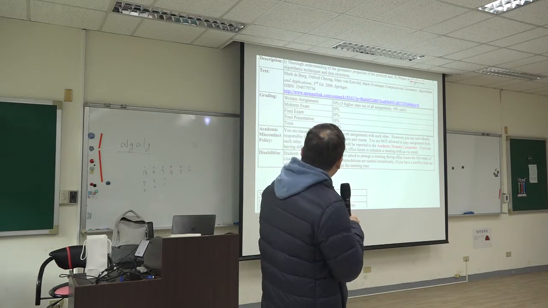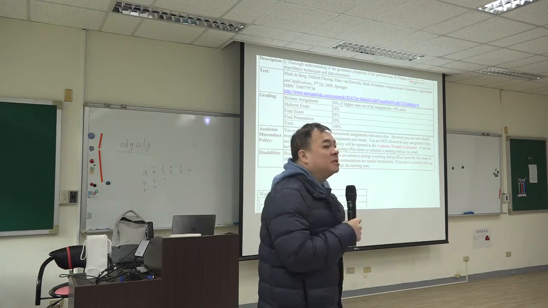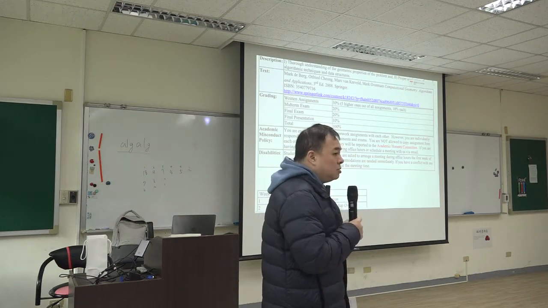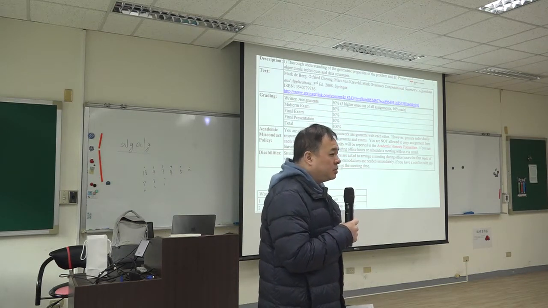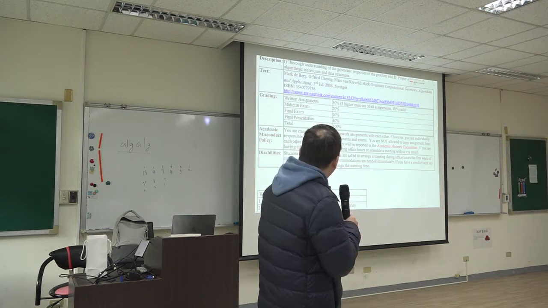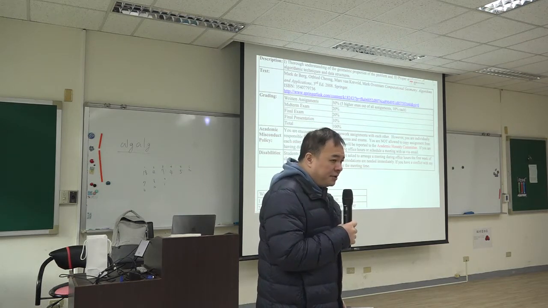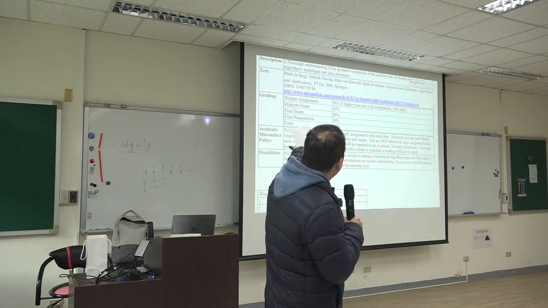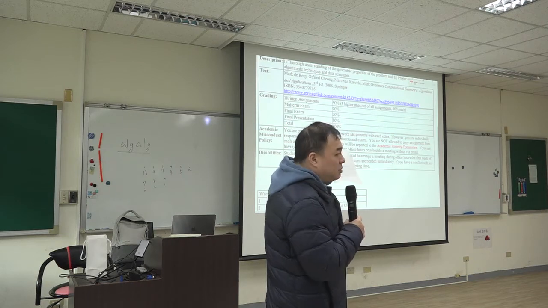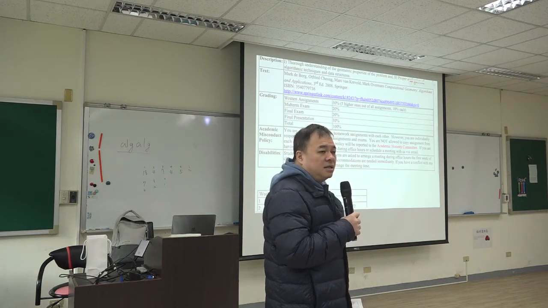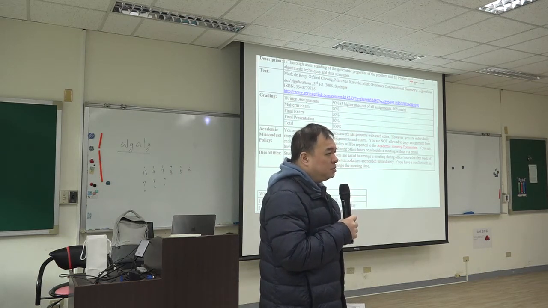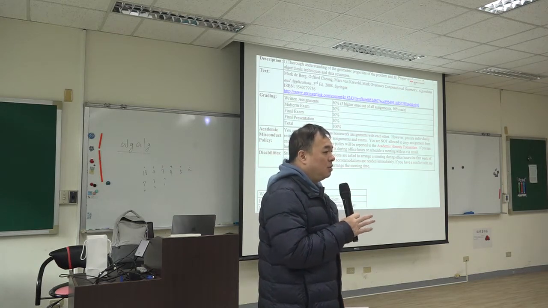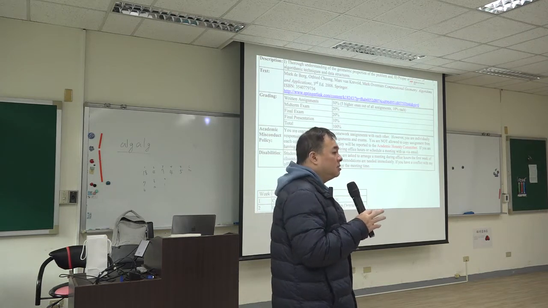Luckily, because this book was published by Springer, and NCU has a subscription with the Springer Digital Library, I provide a link for you. As long as you are in the NCU domain, you should be able to download the whole textbook directly, free of charge, which is very good.